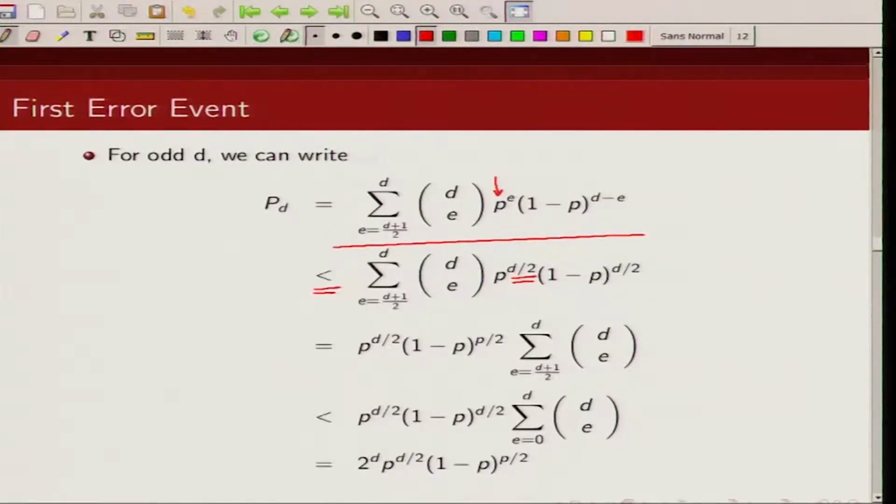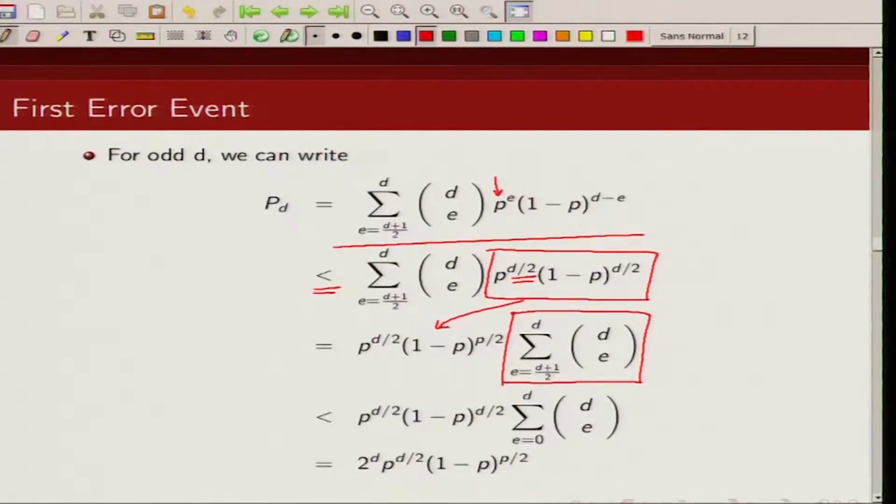Next, this term does not depend on e, so I can take this out. What I am left with is d choose e, where e goes from (d plus 1) by 2 to d. Next, for upper bounding, I replaced it by e equal to 0.